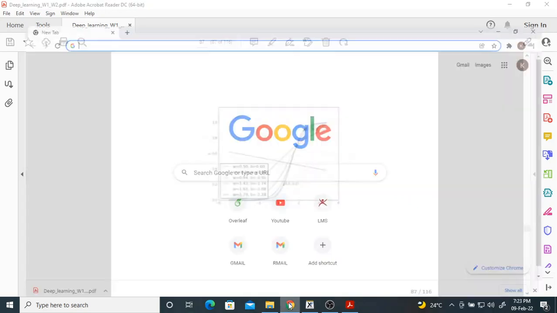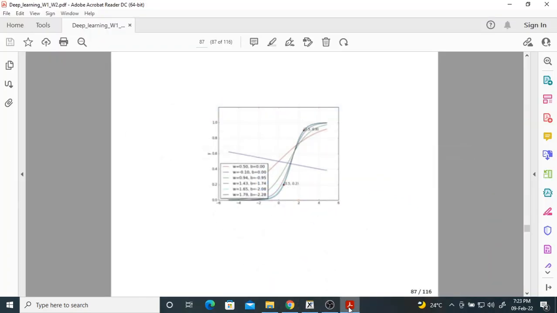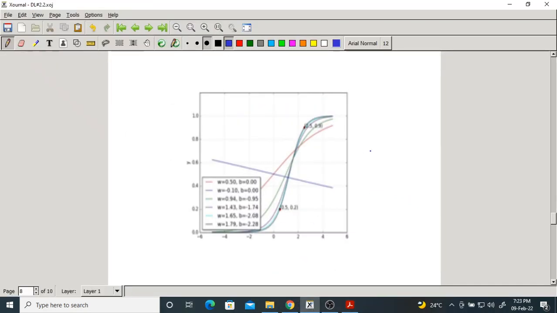Now what happened here? Finally, this is what we are getting. Initially we started with this sigmoid function. Next, the red color is the next guess, and so on. I have shown everything here.